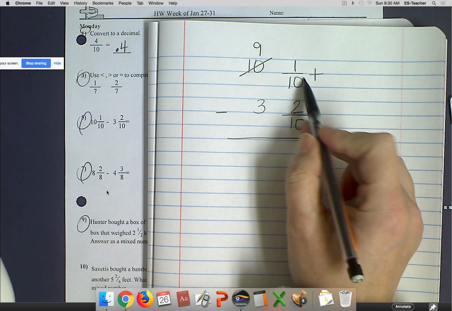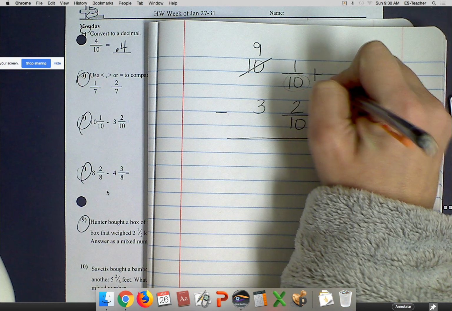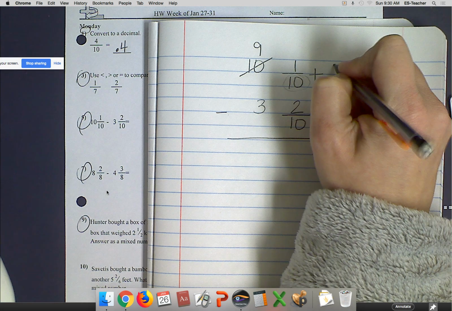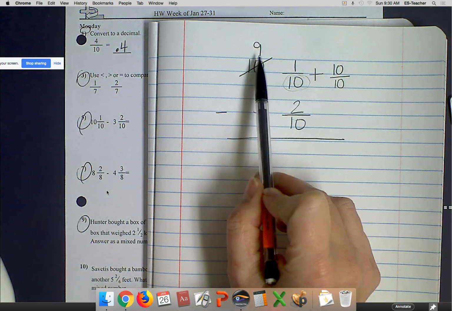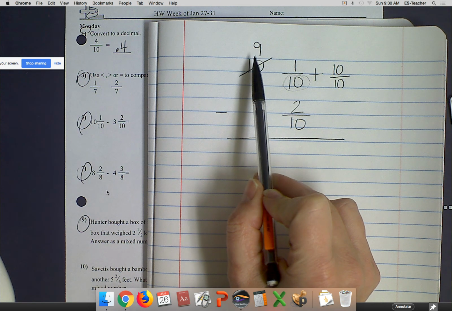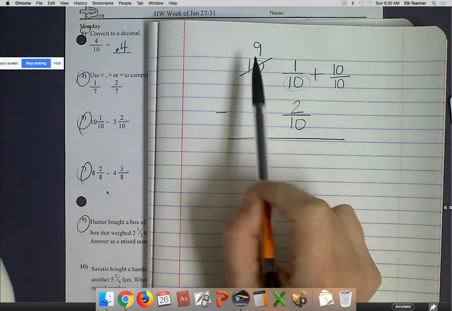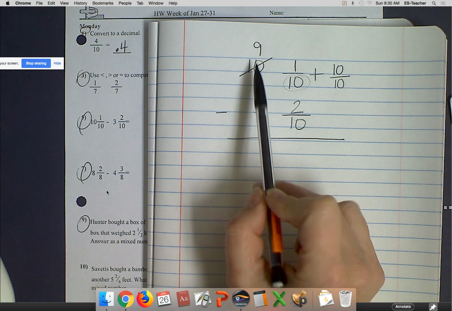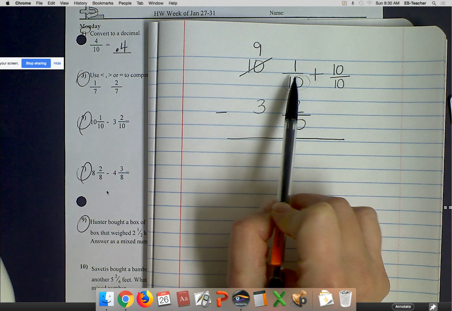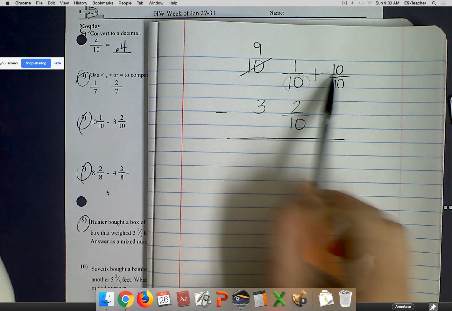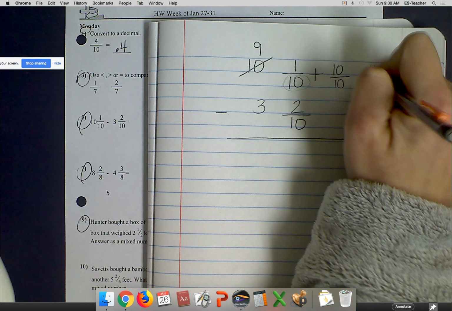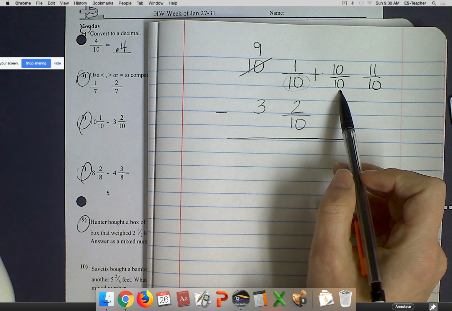I'm going to use this denominator, so it's going to be 10 over 10, because that's 1. It's almost like changing a $1 bill to 4 quarters. It's still a dollar, just a different form. So this becomes a 9, and you're adding 10 over 10. Now 1 plus 10 is 11, and it keeps the same denominator.